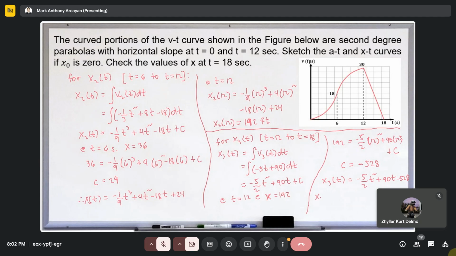So what will be the value of x₃(18)? Let's evaluate this one.